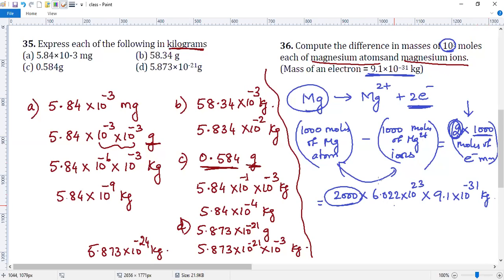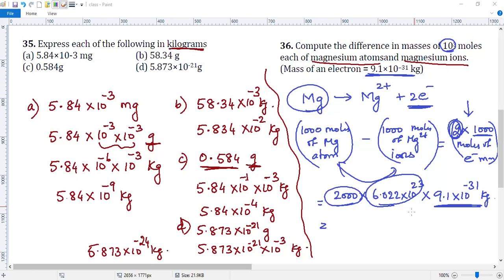So for 1 mole this many number of particles are there, that is, this many number of electrons are there. And 1 electron has this mass. So totally how many electrons are there? 2000 times Avogadro number. One electron mass is 9.1 into 10 power minus 31. If you multiply all of this, that will be the difference in mass of 1000 moles of magnesium atoms and magnesium ions.